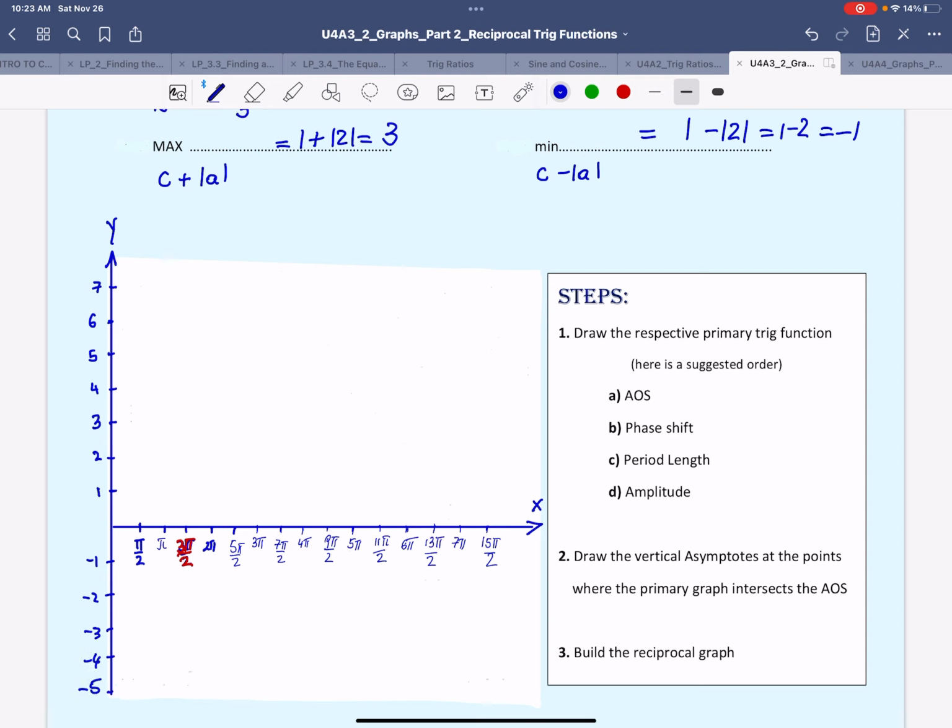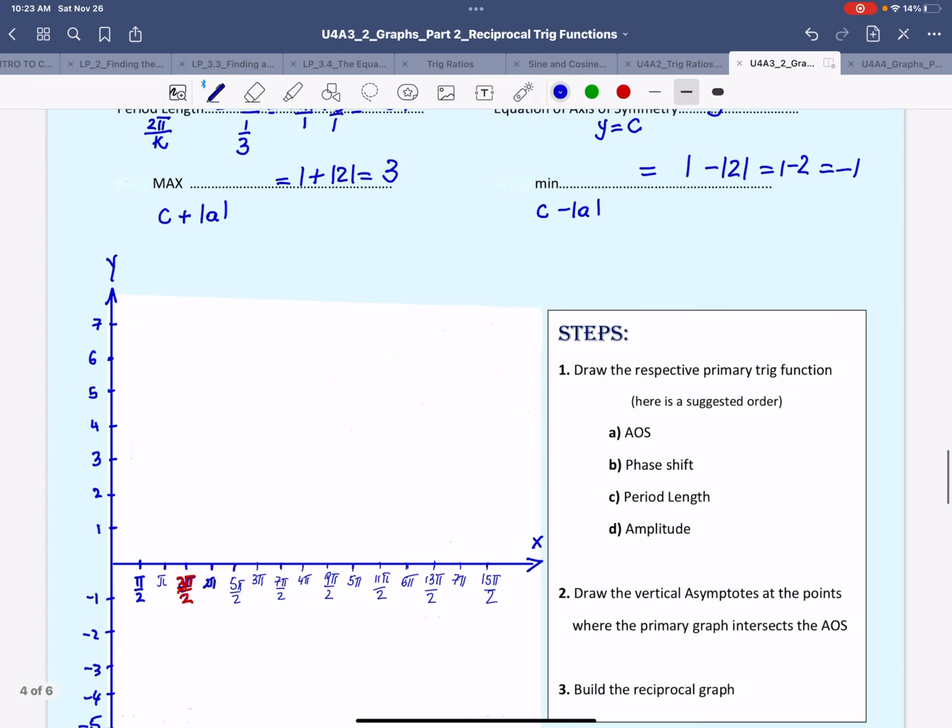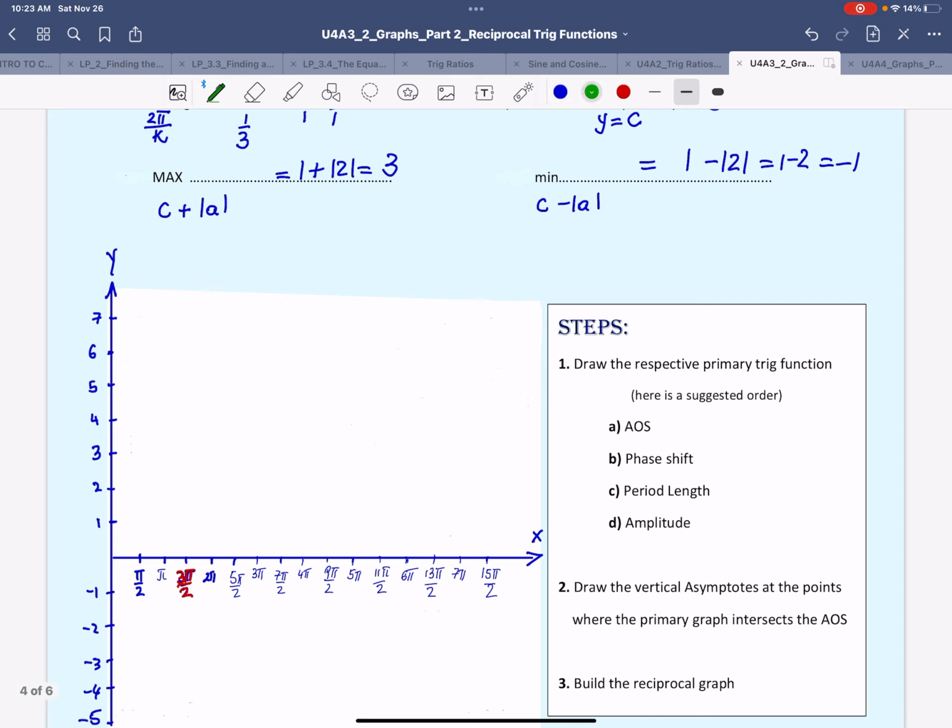So next we are going to draw the graph of the axis of symmetry, because it is a line, right? And that is at y equals 1, and this is where the y equals 1 will be. And we will build the graph of the sine function on the axis of symmetry, so on this line. Now we know that the graph will start at 3 pi over 2.